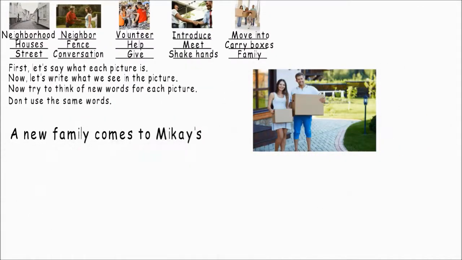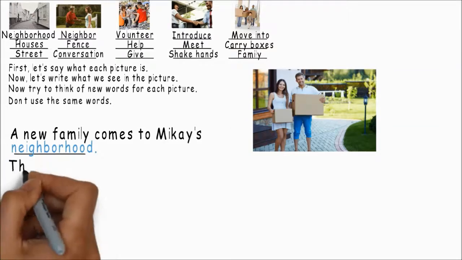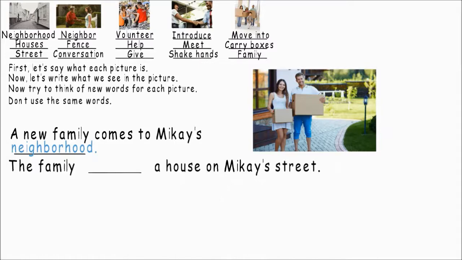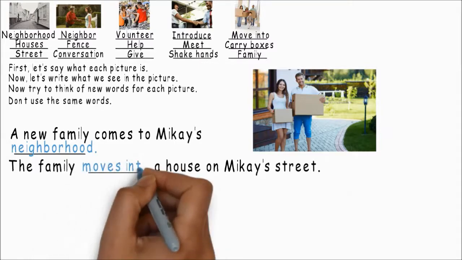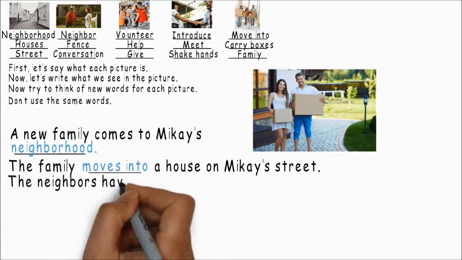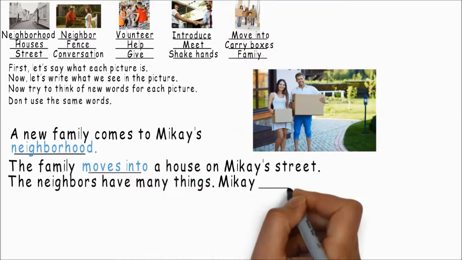A new family comes to Mikai's what? Mikai's neighborhood. Good. The family moves into a house on Mikai's street. The neighbors have many things.